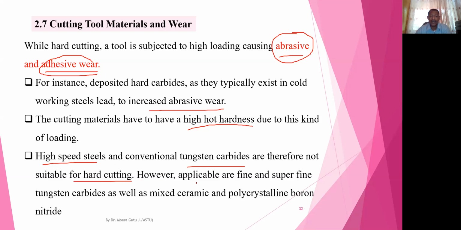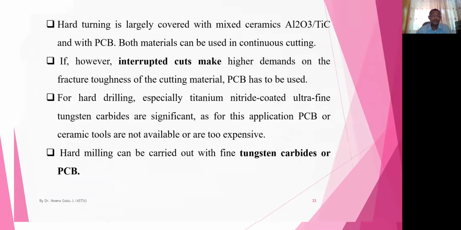However, fine and superfine tungsten carbides, as well as mixed ceramics and polycrystalline cubic boron nitrides, can be used as cutting tool material for hard turning, hard milling, or hard drilling operations.